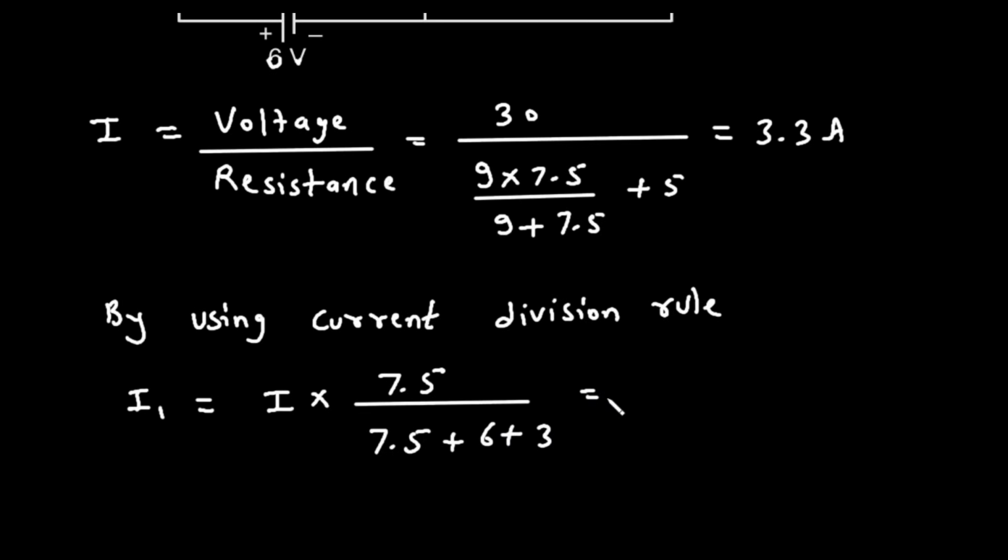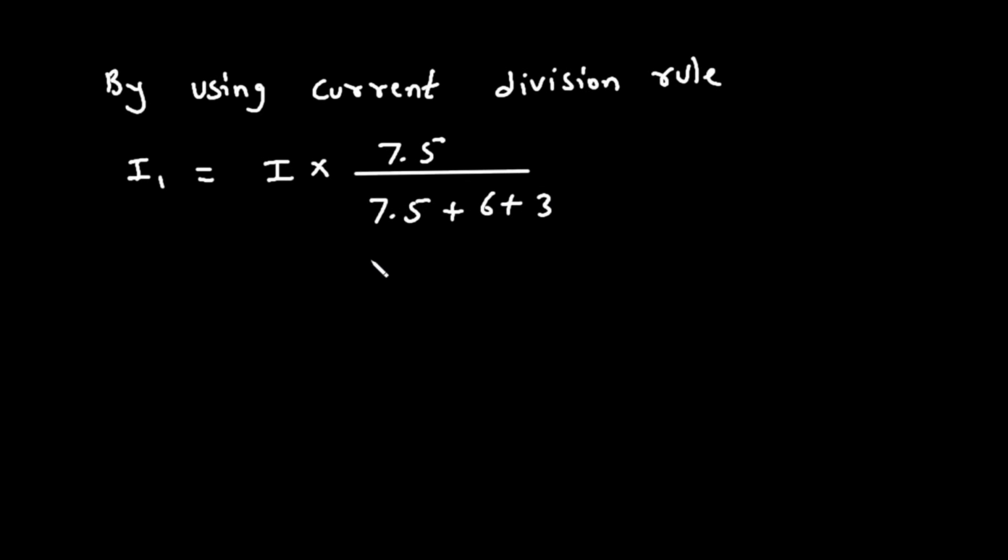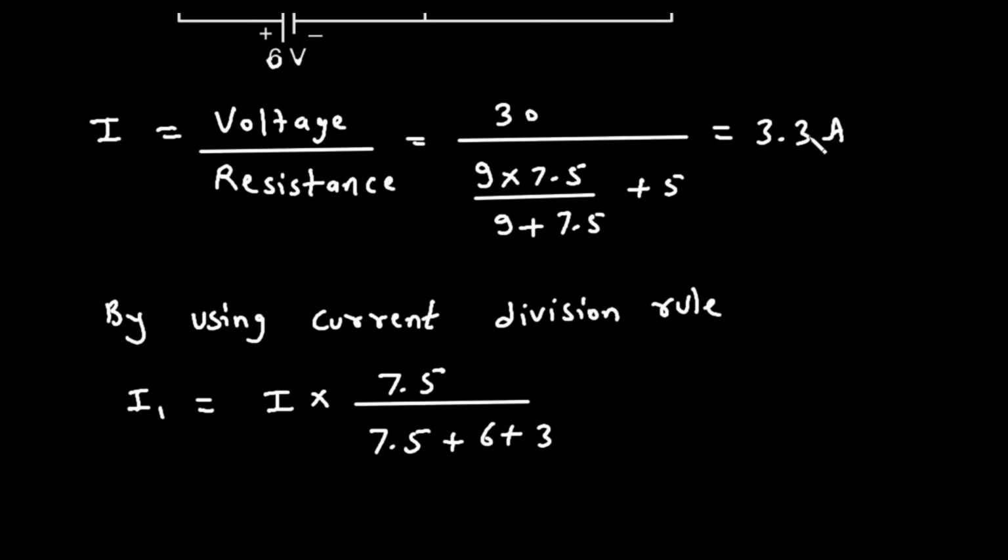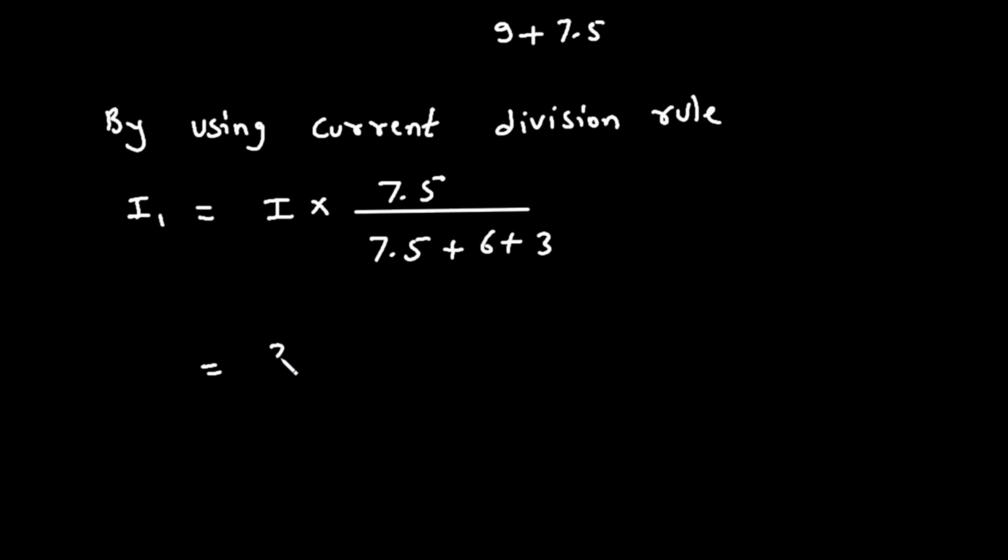Now let's put the value of this current I here, and that is 3.3 ampere. So 3.3 multiplied with 7.5 divided by 7.5 plus 6 plus 3.